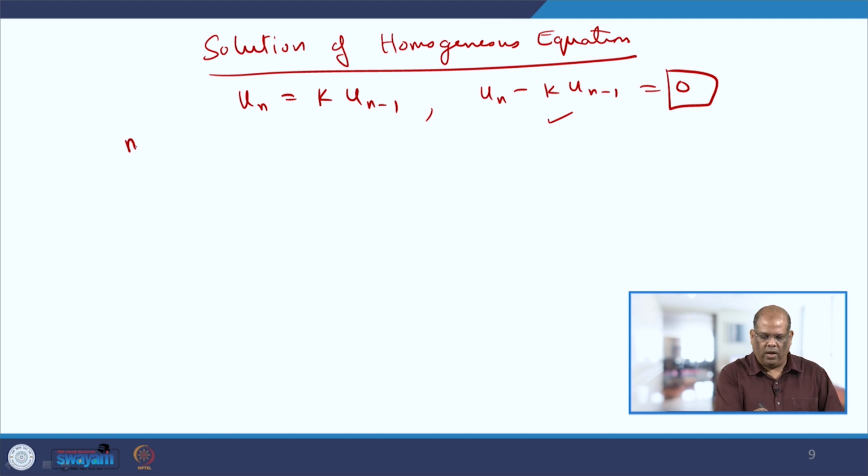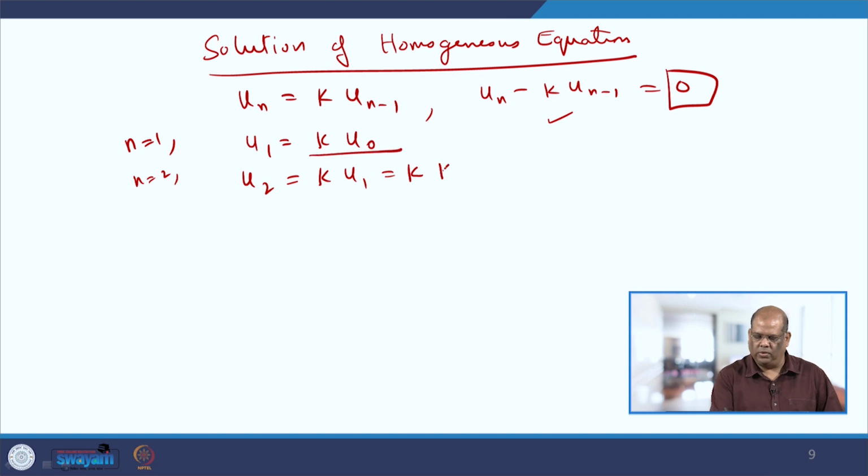So, if I put n equal to 1, then I get u1 equal to k times u0. I put n equal to 2, I get u2 equal to k times u1, and u1 I know is k times u0, so it is k squared u0.